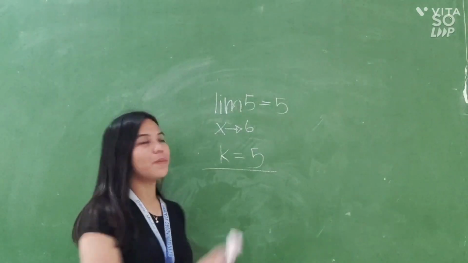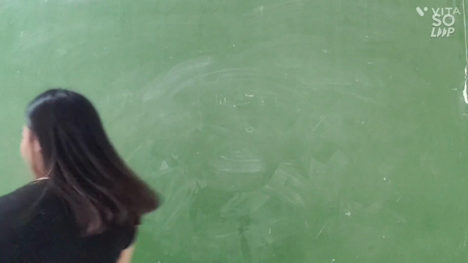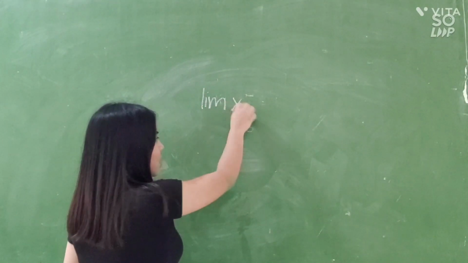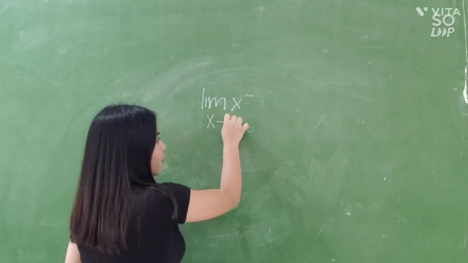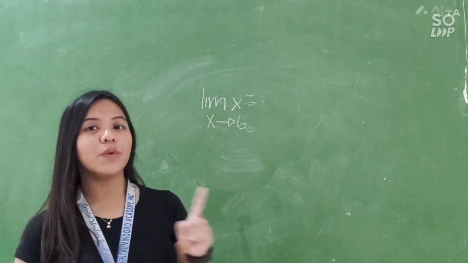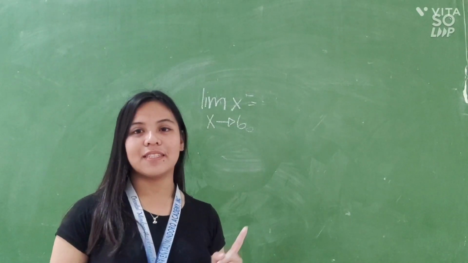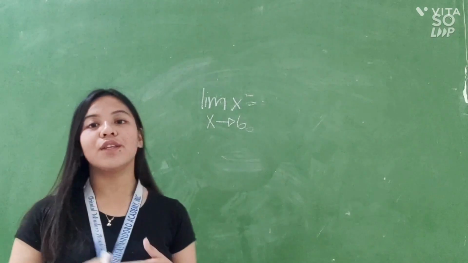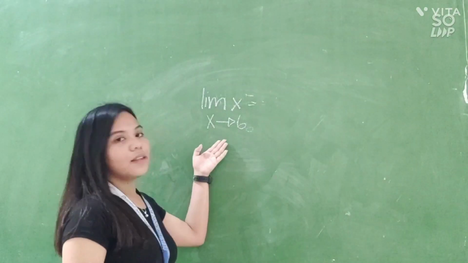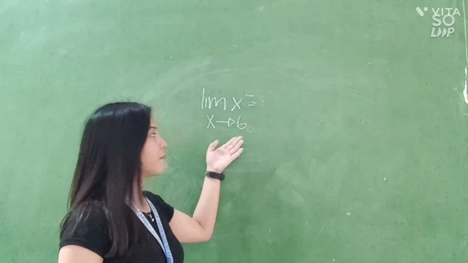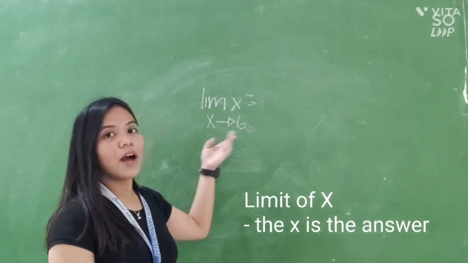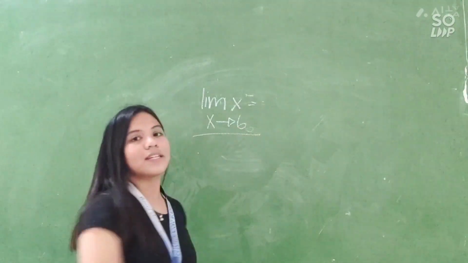The next problem is, what is the limit of x if x is approaching 6? In this problem, we will not use the limit of a constant, though we can use the limit of x. The limit of x means the value of x is the answer itself.